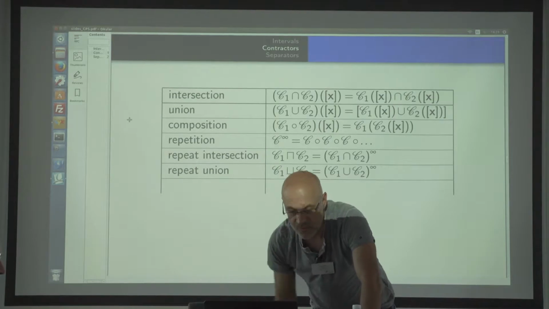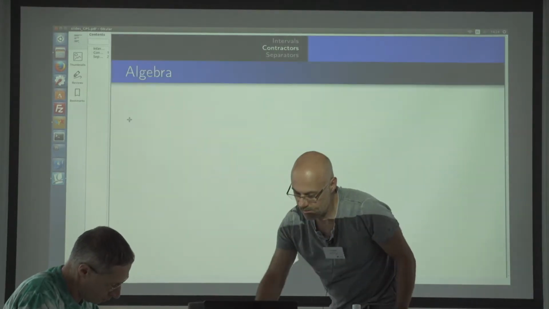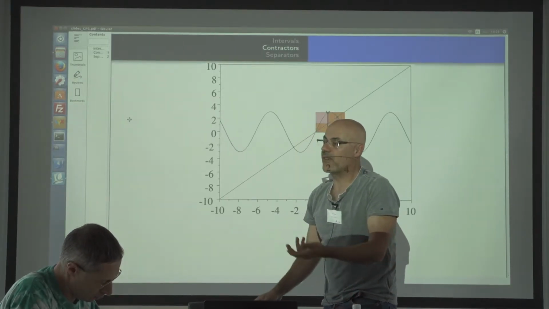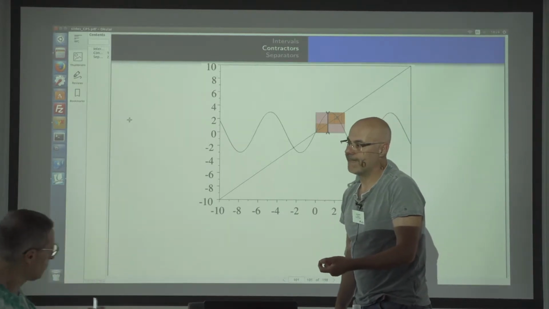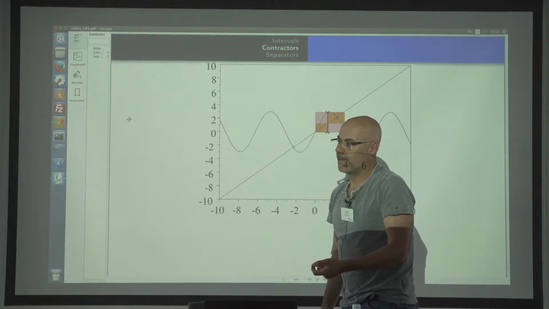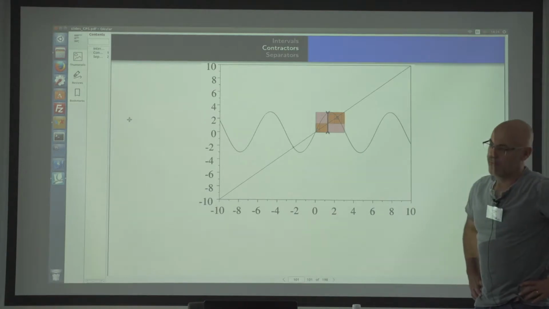If I have a contractor, yes? In this example, did you have to bisect just 3 times? 4 times, I think. More than necessary. Okay. But my question is about the remark on exponential, because here you bisected in only 1 dimension. Yes. So it's possible. In the absolute worst case, of course, it's always exponential.